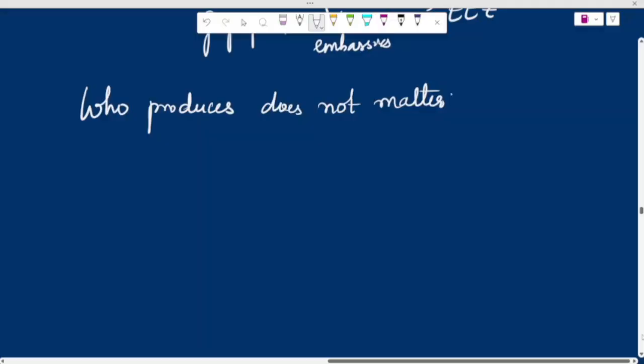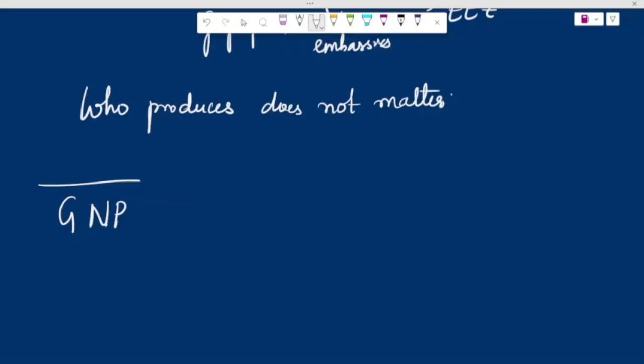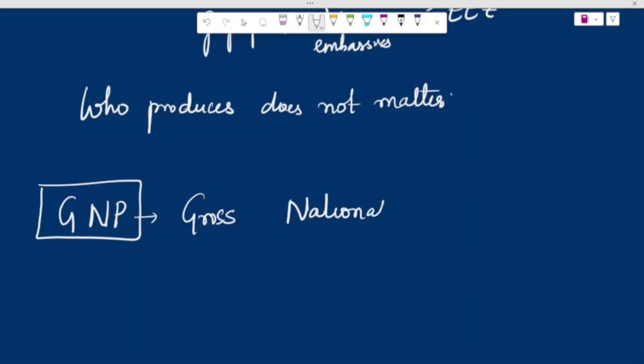Then we have something called GNP. It is nothing but gross national product. So we'll decode this term gross. Gross is nothing but net minus depreciation.